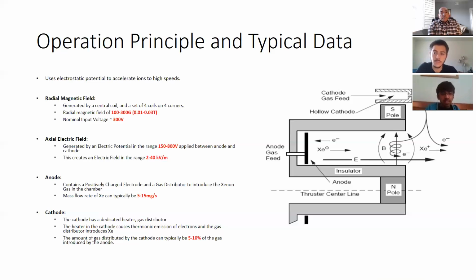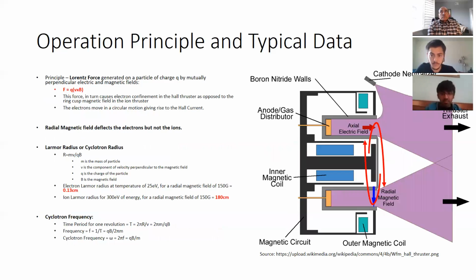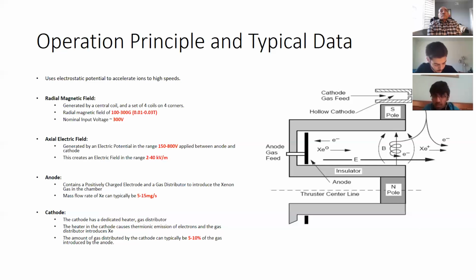The heater in the cathode causes thermionic emission of the electrons, and the gas distributor introduces the xenon, as we already know. The amount of gas distributed by the cathode can typically be about 5 to 10% of the gas introduced by the anode. So that's pretty much it for this slide.